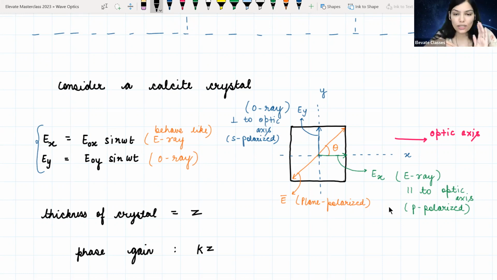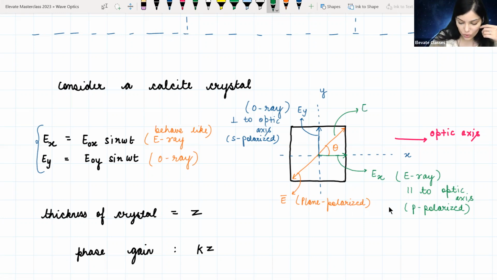I will get a circularly polarized light, because if this theta is equal to 45, then my EOX and EOY would have equal magnitude. The E vector, look, it will be like this. Now think in terms of vectors, okay?